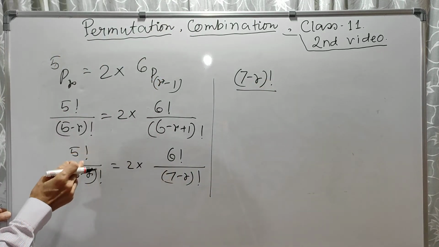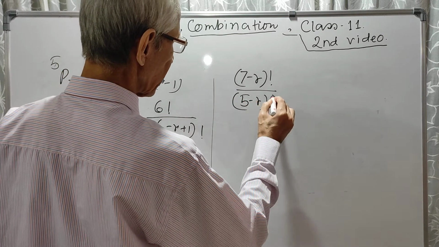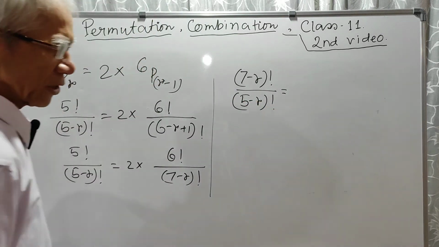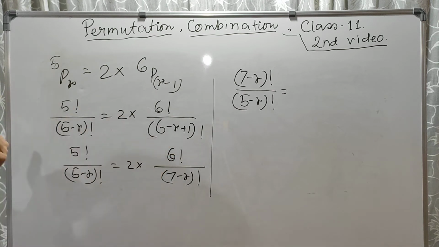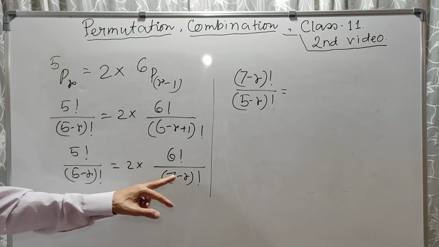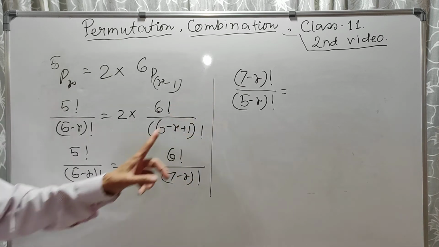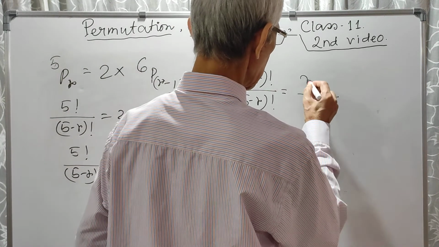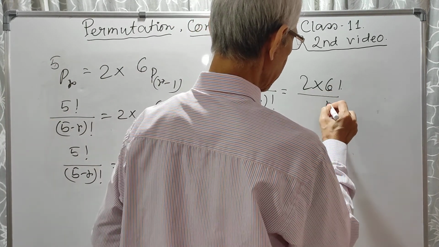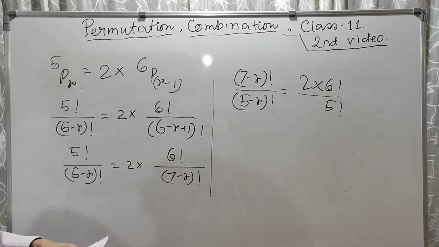So this goes up here, the 5 minus r factorial, because in a solution sum, the terms containing the variable should be brought to the left hand side, isn't it? So this one we bring to the left side, 7 minus r factorial by 5 minus r factorial, now this one below. So the right side will be 2 into 6 factorial divided by 5 factorial. This 5 factorial goes down, okay.